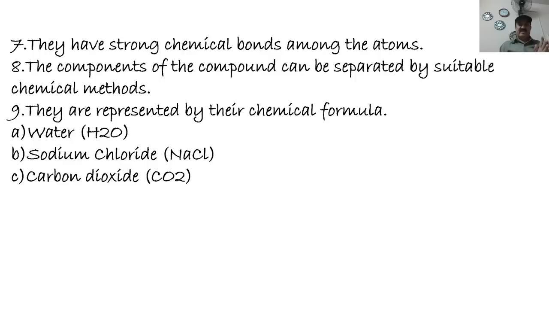If you want to separate hydrogen from oxygen in water, you have to apply a chemical process, not a physical one. Number nine, they are represented by a chemical formula. Compounds have chemical formulas, like water has H2O, sodium chloride has NaCl, carbon dioxide is CO2.